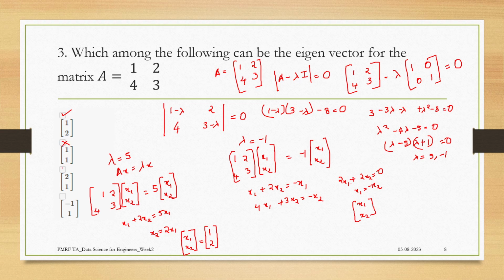So these two options are not there. In the other option, x1 is minus 1 and x2 is 1. If x2 equals 1, then x1 will be minus 1. So this option is also correct. So Vivek is right, 1 and 4, AD. The answer is the eigenvectors can be 1 2 or minus 1 1.